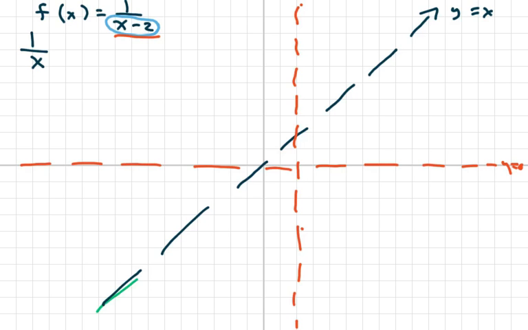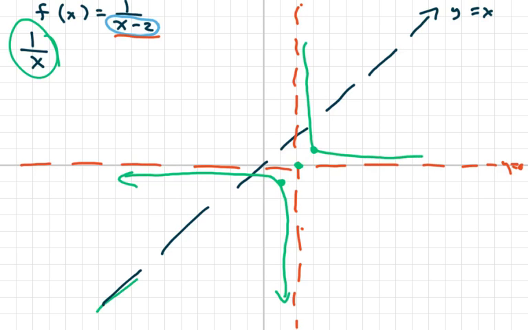So this was just a shift to the right by 2. Now, I'm going to graph it, and this is my new axis. This is my new center. So this is just like 1 over x, but we have a new center. So I'm just going to do my 1, 1, and my -1, -1. And I'm going to graph it based on my asymptotes here. Okay, so the green one is f.